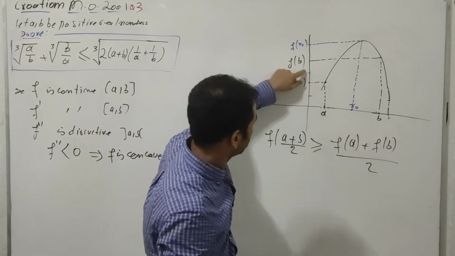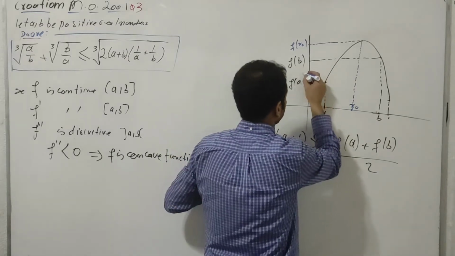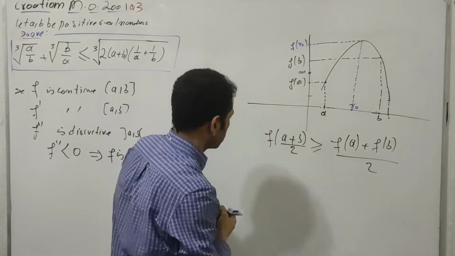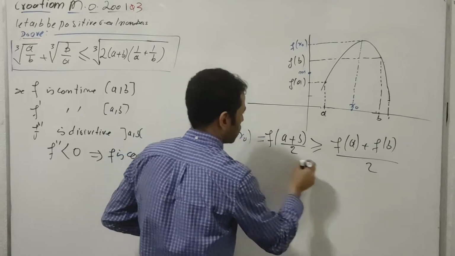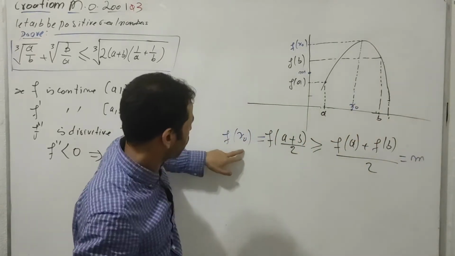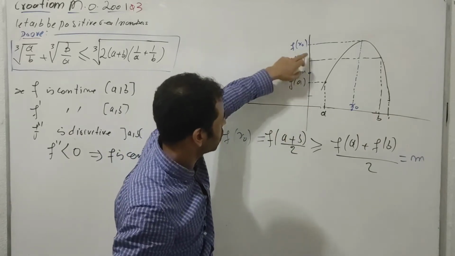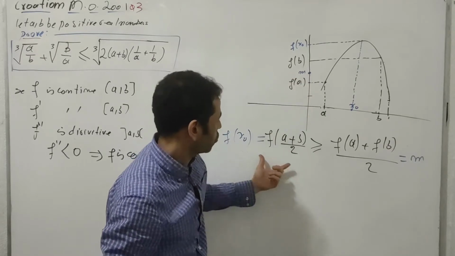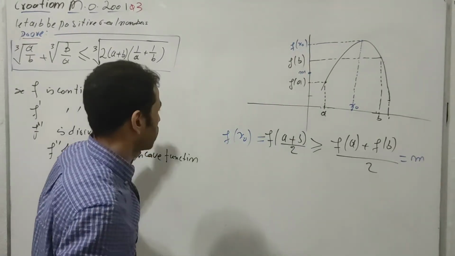It will be located in the middle of f of a and f of b. Let's call this one m. So this one is f of x0, and this one is m. So f of x0 is above m. That means this distance is bigger than this distance from 0 to m. That means this inequality is always true. This is the tool that I'm going to use for this problem.